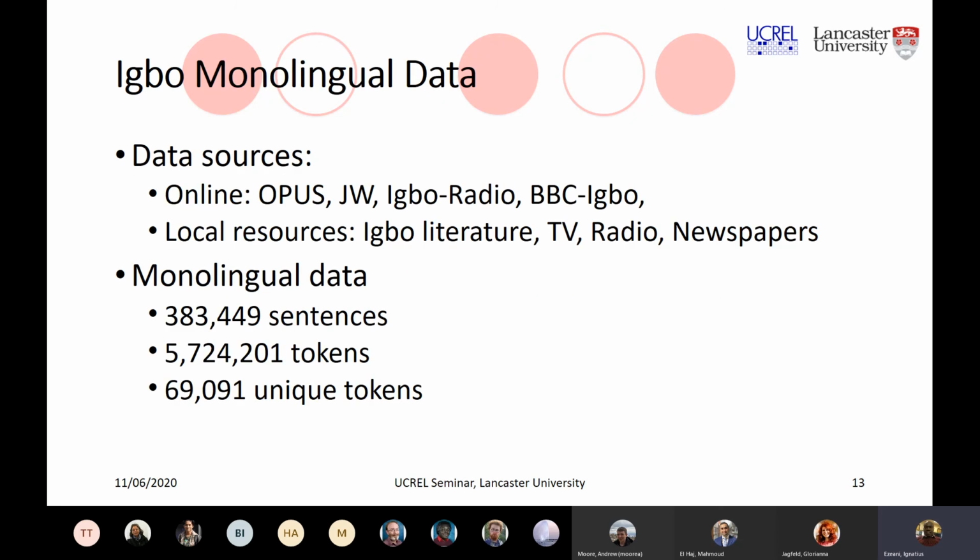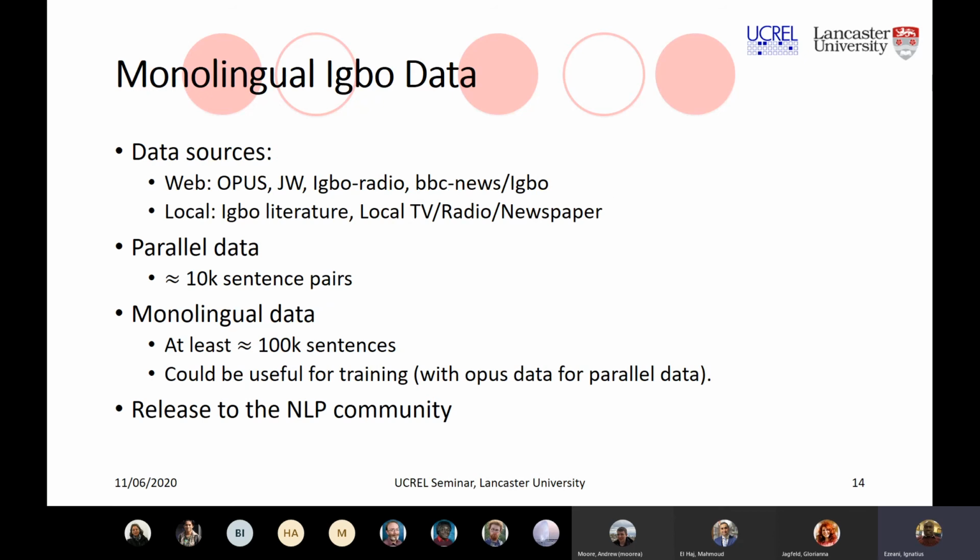So far we have collected approximately 383,000 sentences, and in the monolingual side of things, most of the sources were from Opus, the JW, Igbo radio website, the BBC Igbo. Luckily, we have that as well. And then all other local resources that came from literature, TV, radio, newspapers, and so forth.